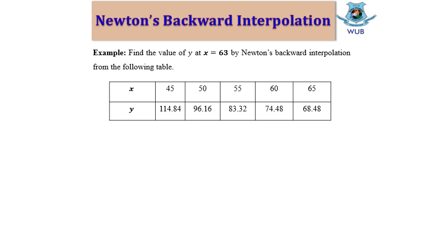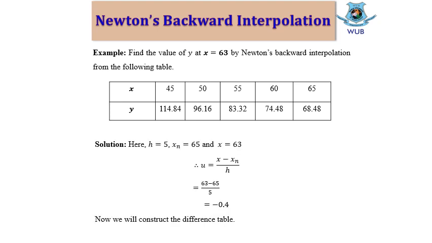And you also notice that in forward interpolation we find the value of a specific point closer to the first value, and in backward interpolation the value we find is actually closer to the end of the values. Okay, now let's start.